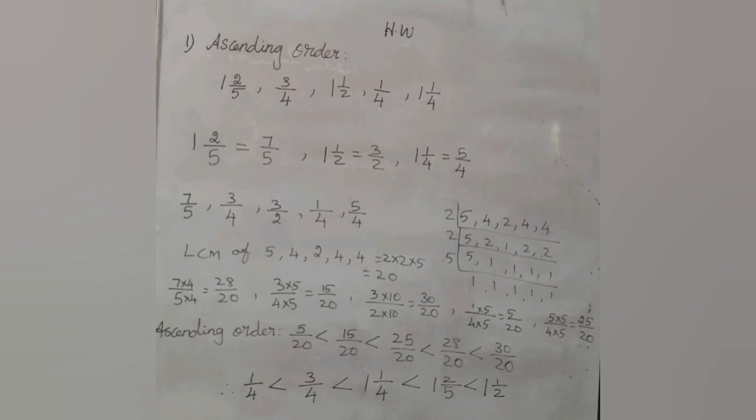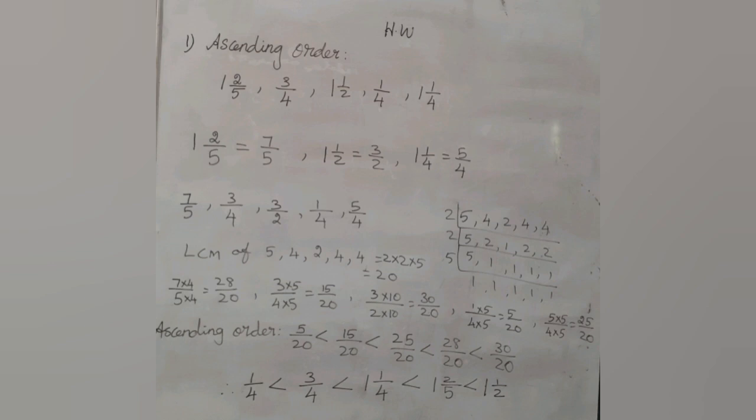1 2 by 5 is equal to 7 by 5. 1 1 by 2 is equal to 3 by 2. And 1 1 by 4 is equal to 5 by 4. Now, we can take the LCM of 5, 4, 2, 4 and 4. What's the LCM? 20.